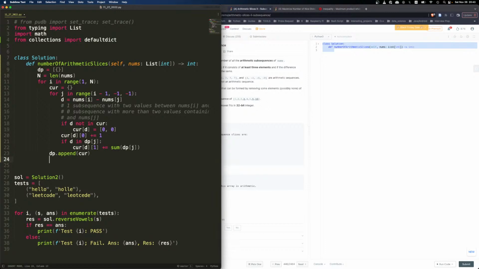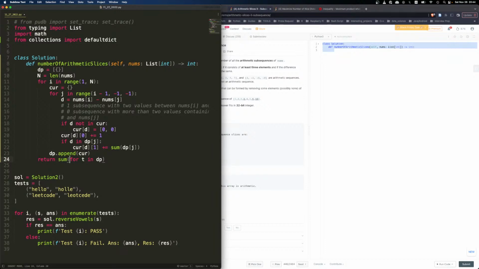Then go back up, and now we do everything. When we're done, we're going to add up everything. So we're going to return sum. We say for t in dp. Okay, so everything shall have, what are we supposed to have?